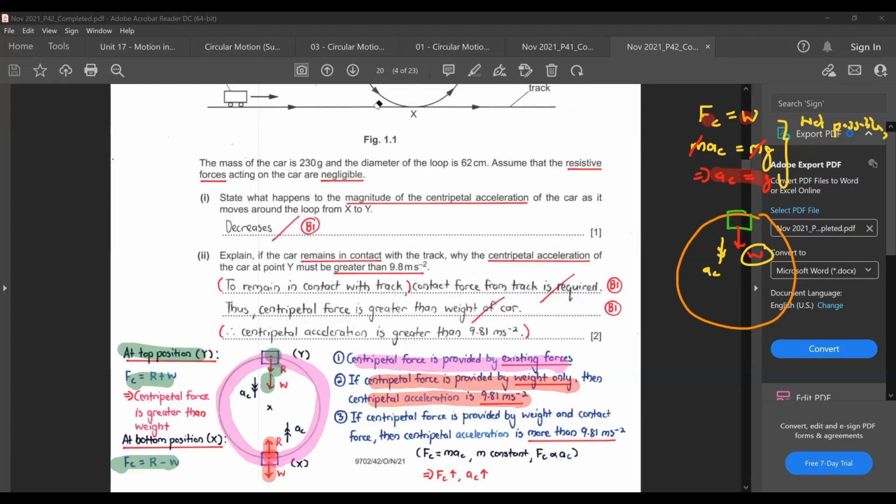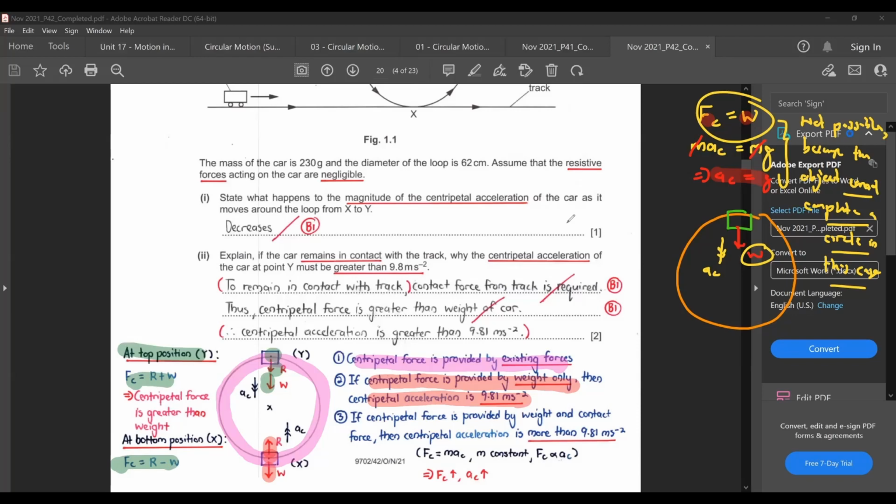Okay, because the object cannot complete a circle in this case. All right, this situation is not plausible. It doesn't happen, because the object won't be able to complete a circle in this case.